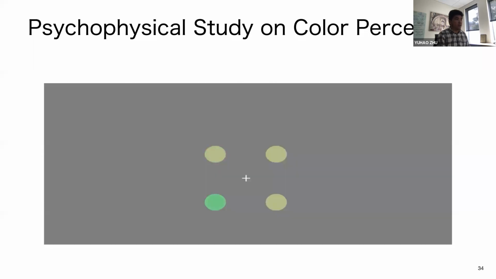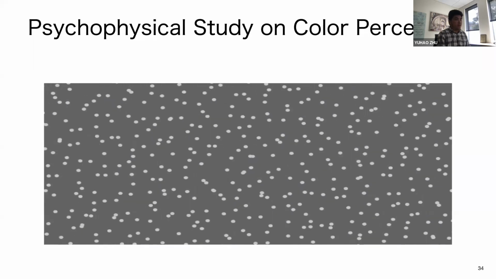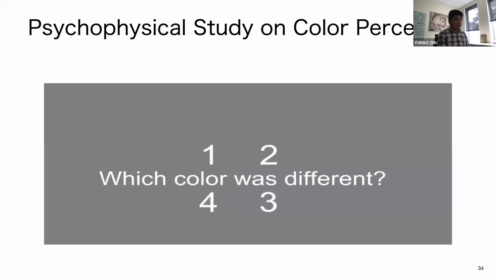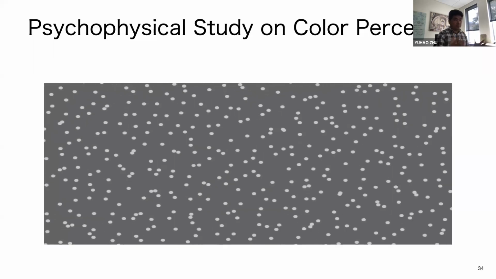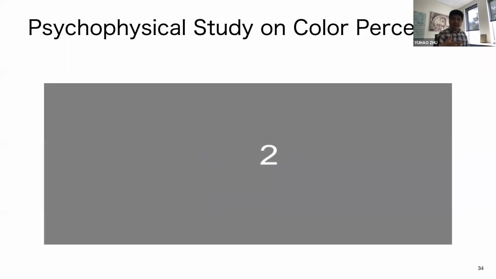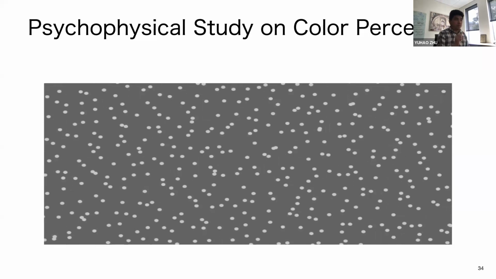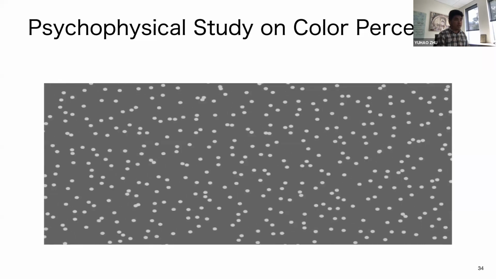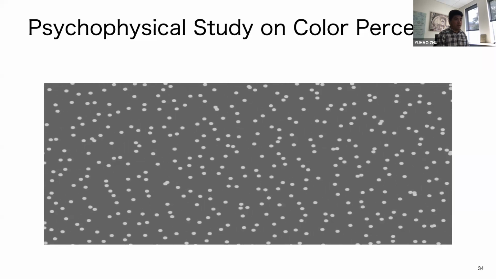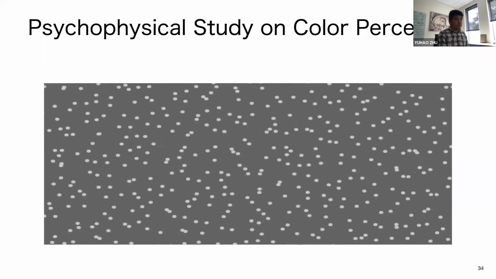You see that there are always 4 patches with one patch that has a different color than the other 3, and the different color patch is randomized, and the participants are asked to identify the different color from the other 3 patches.